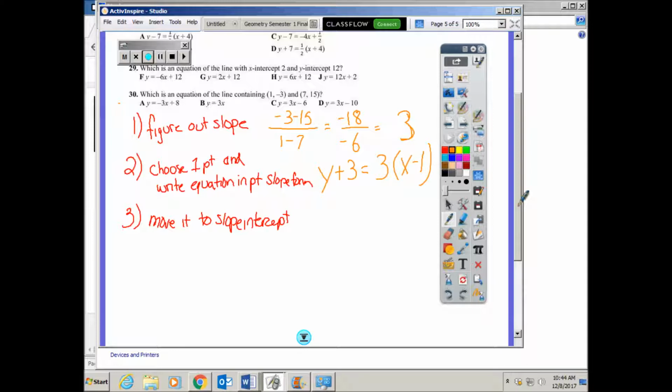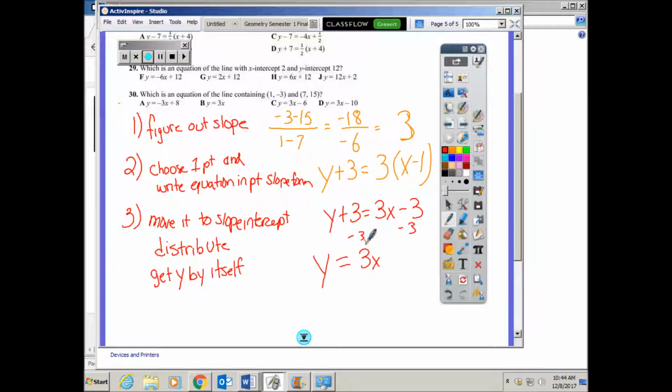If you're not going to remember how to do that, first you need to distribute: y plus 3 equals 3x minus 3. Then you need to do what? Then get y by itself. So you subtract 3, and you get -6.